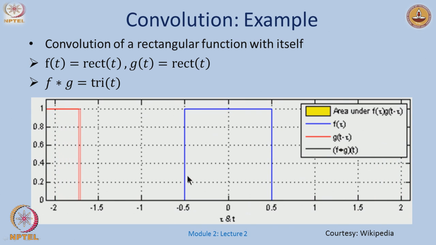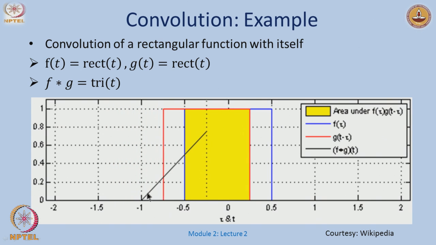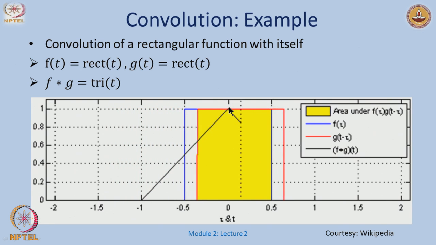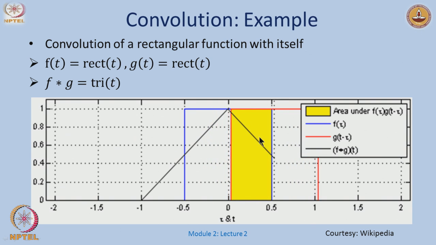You see this one rectangular signal convolving with this red one, and the yellow area is being computed here. The area reaches a maximum here, and then the yellow area keeps decreasing and goes to 0. So, the convolution of a rectangular signal with another rectangular signal is just a triangular wave, the black signal here.